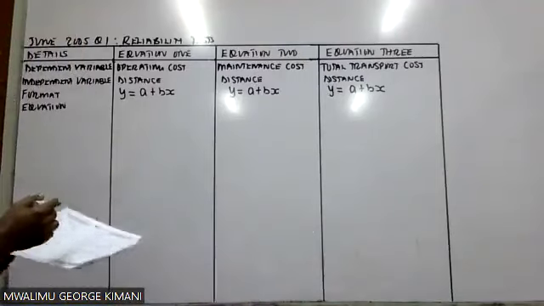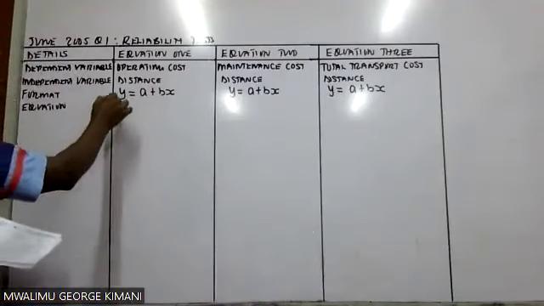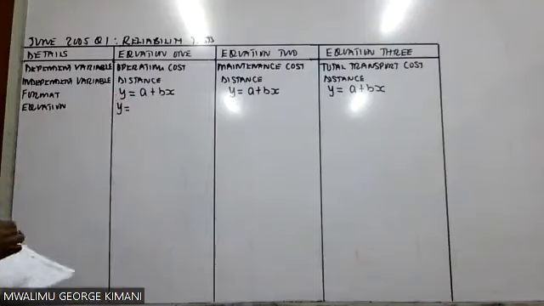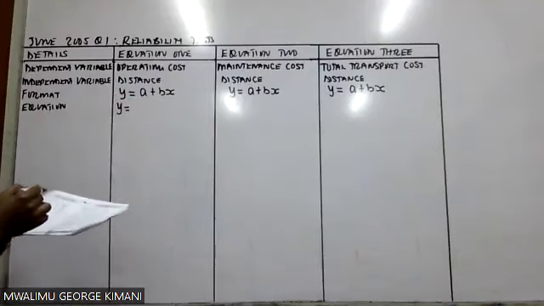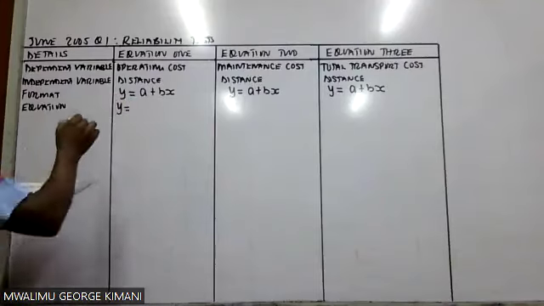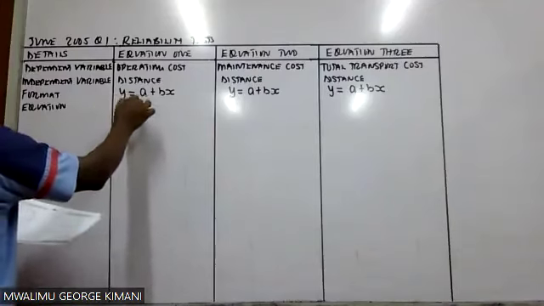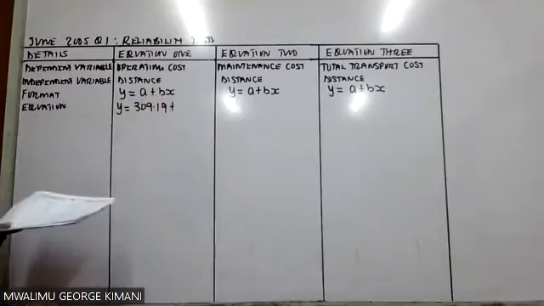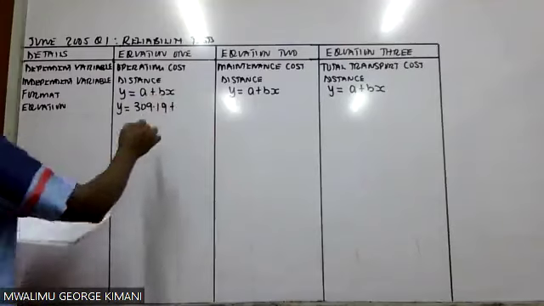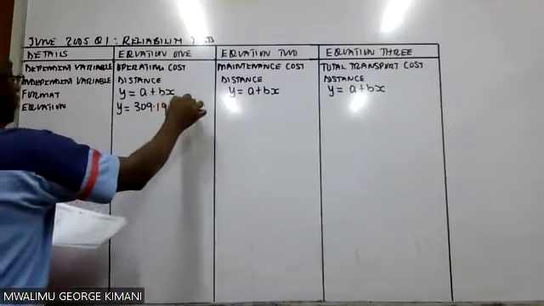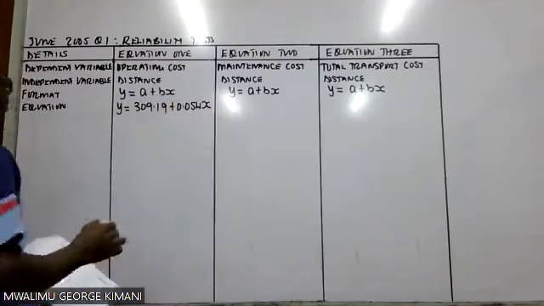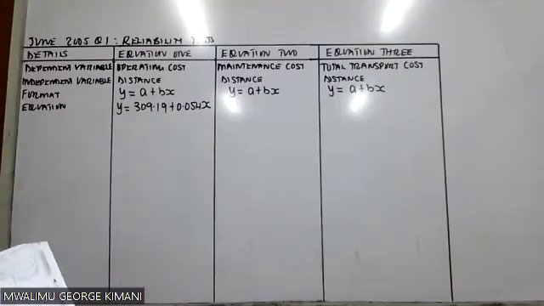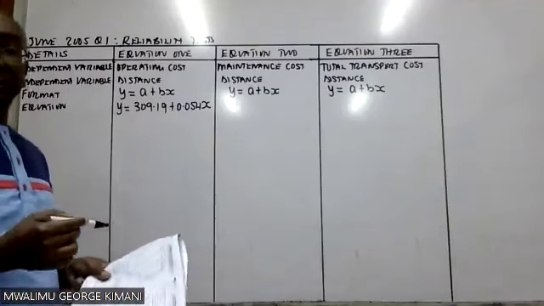If you look at equation 1, y equals the constant 309.19 plus the value of the slope, which is 0.054x.